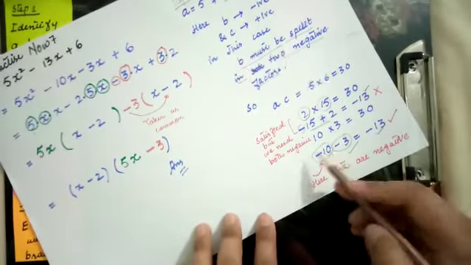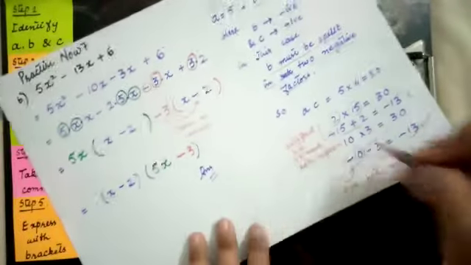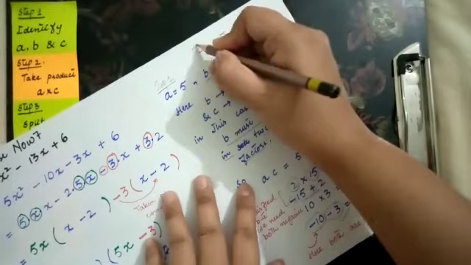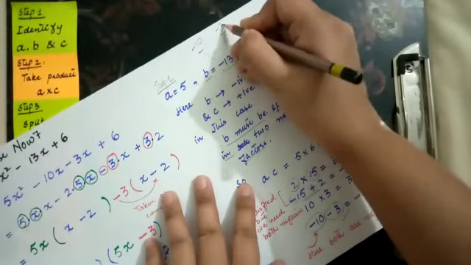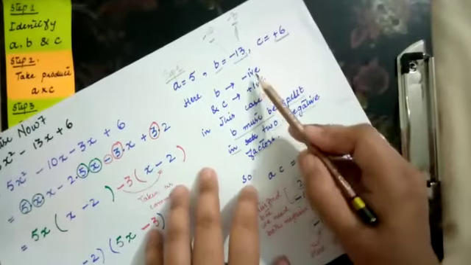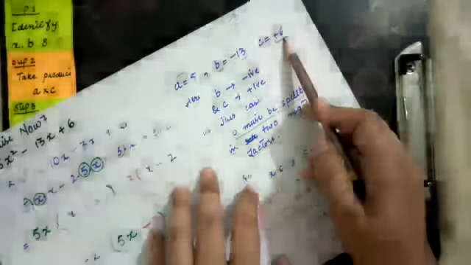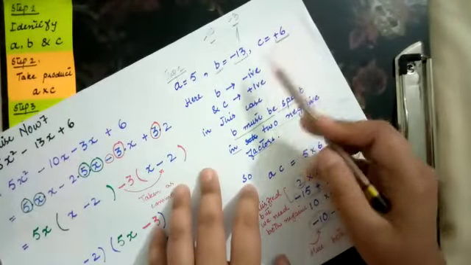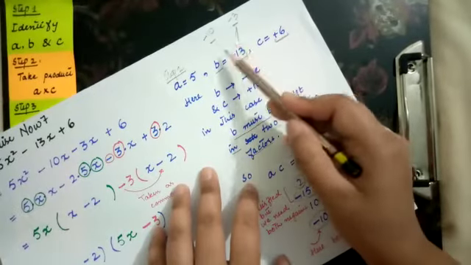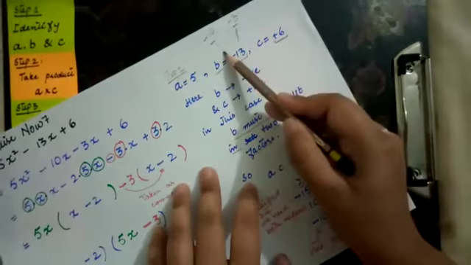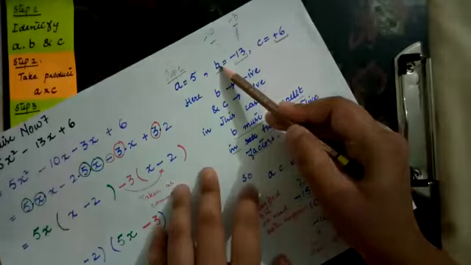The number minus 13 will be split into the two numbers minus 10 and minus 3. ठीक है, I am repeating again कि when b is negative and c is positive, in that case you need the two negative numbers, those will split this b.